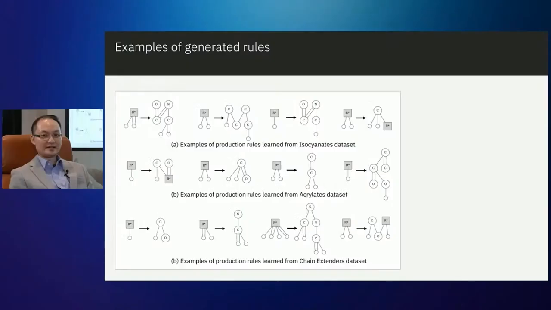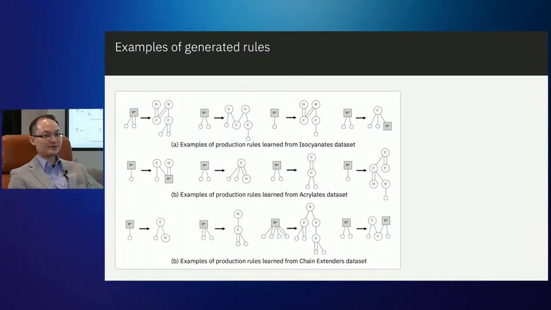Speaking of isocyanates, let's look at what exactly these production rules are, because we're all curious. Why do I exactly generate isocyanates? We play with three data sets here, and we show some of the example production rules that we learned from the training sets. If you look at the top rule, this is for isocyanates.